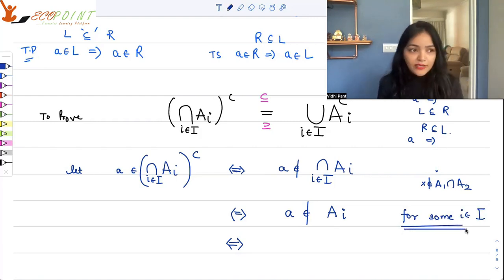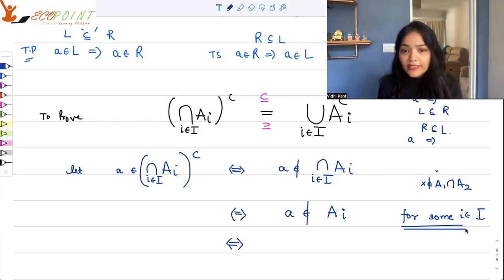Because try to understand, x is not a part of A1 intersection A2 in case it's not a part of one of them. To be in the intersection, you have to be in both. If you are just in one but not in the other, then you're not a part of the intersection, right? So that's what we want to say here, that if you're a part of some but not others, then you're not a part of the intersection.